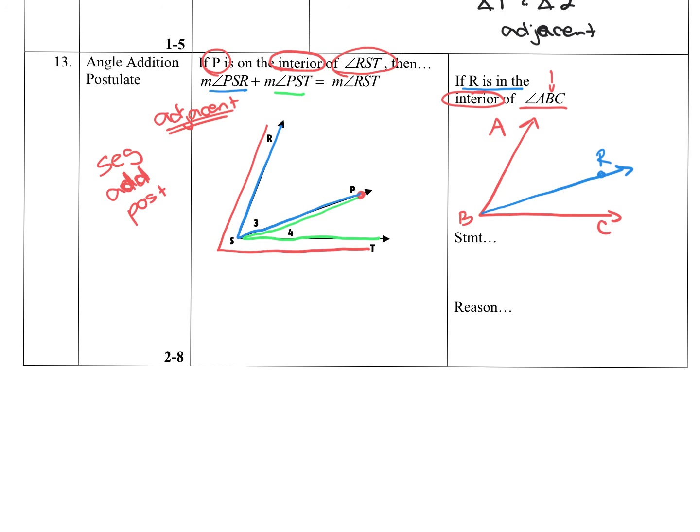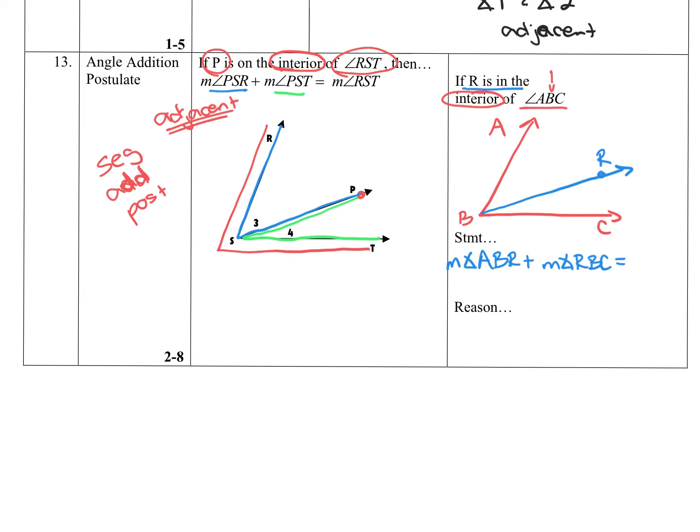What that's going to do is divide this into two nice little angles. Now, I could write it as angle ABR, so I could say the measure, remember we're going to put the M's there, of angle ABR plus the measure of angle RBC is going to equal the measure of the big angle.